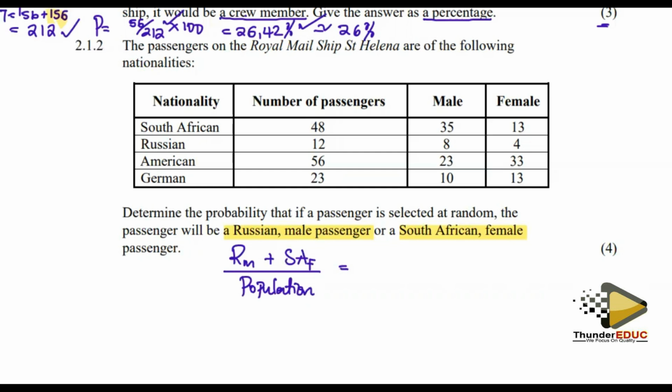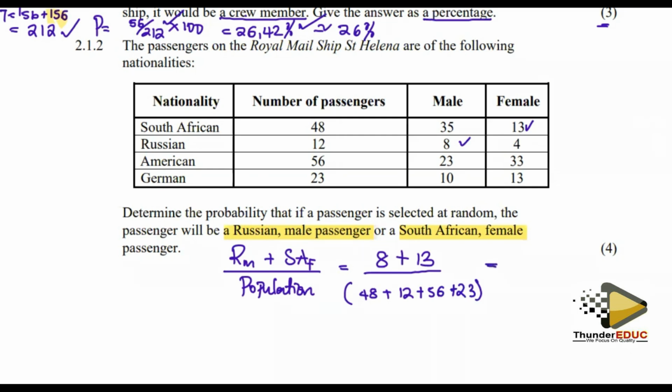So Russian male is 8 plus female South African, over the total, which is 48 plus 12 plus 56 plus 23. You understand?